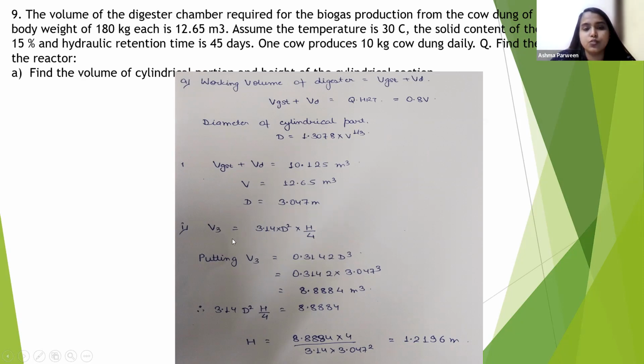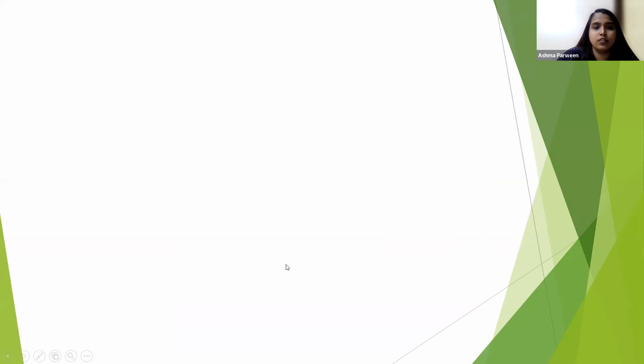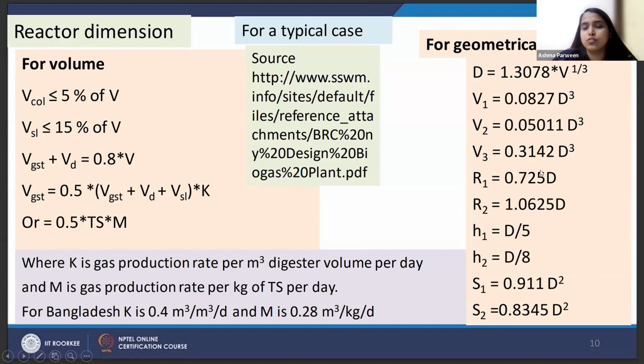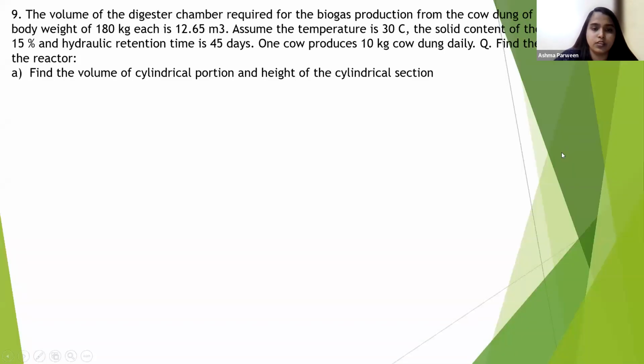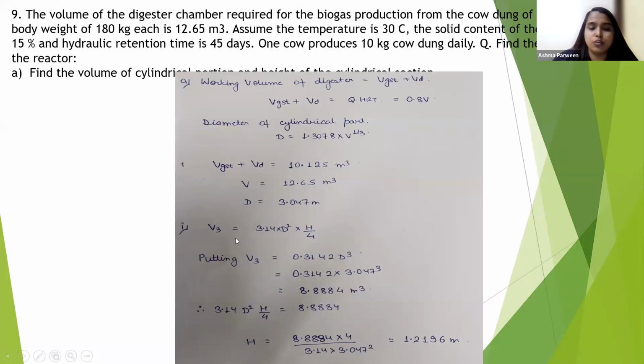So the volume of the cylindrical part V3 is 0.3142 D cube. We know what D is. We put this in the equation and we get the volume as 8.8884 meter cube.